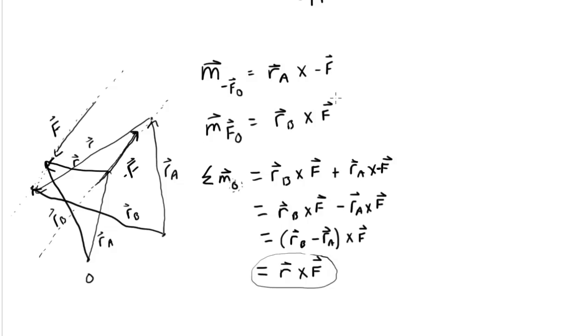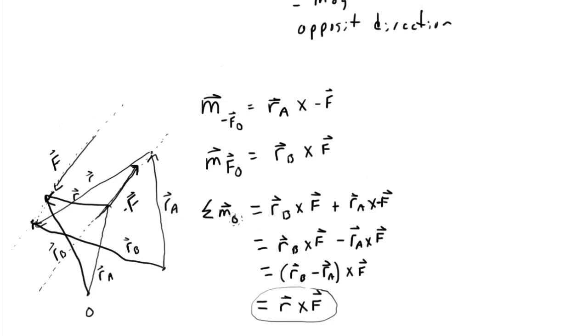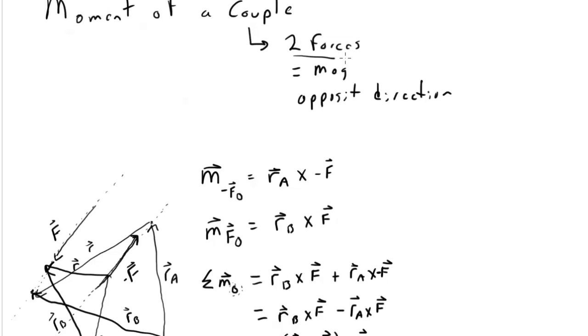When I have a couple, two forces equal in magnitude, opposite direction, and I want to calculate the moment, that moment is just equal to a vector that points from one to the other crossed with that force vector, and there's no subscript. It's the same no matter what point I calculate that around. That means that this is a free vector.